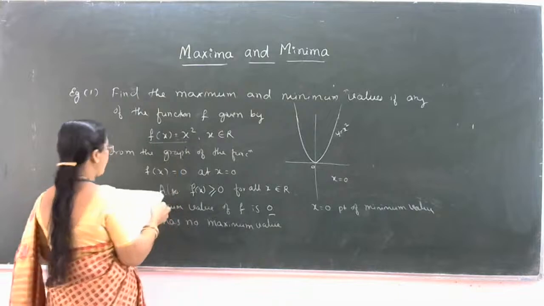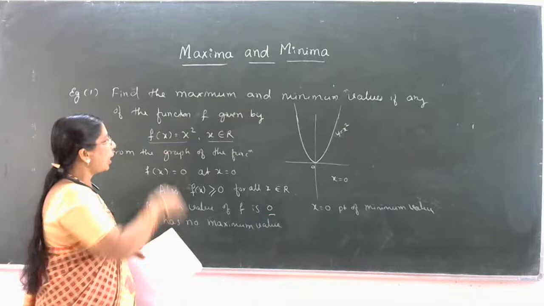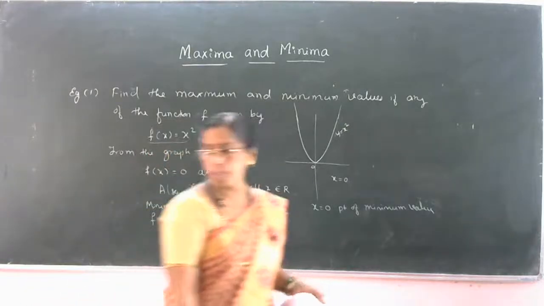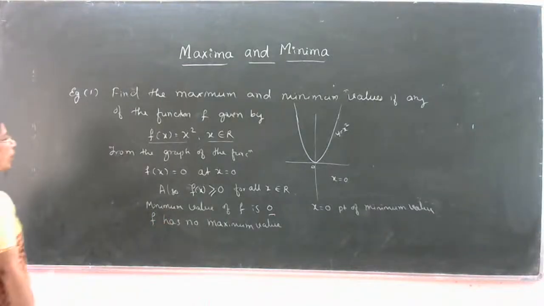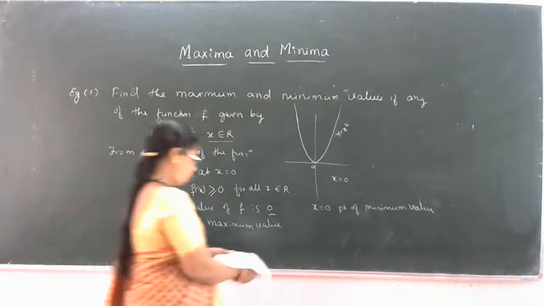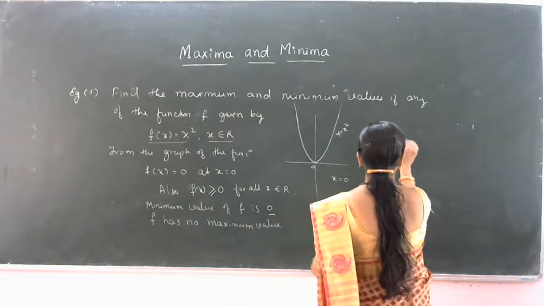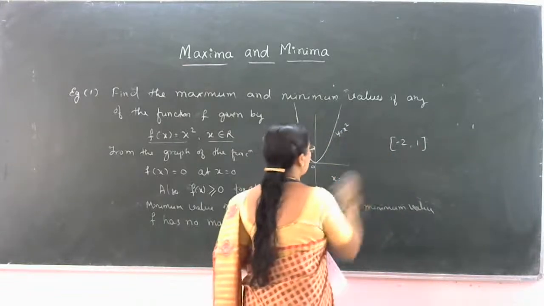Here, given is f of x equal to x square, x belongs to R. We can take x as any real number, but we restrict the domain of the function to the interval -2 to 1.